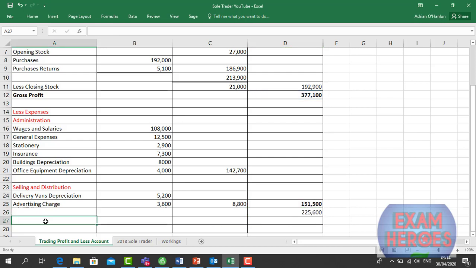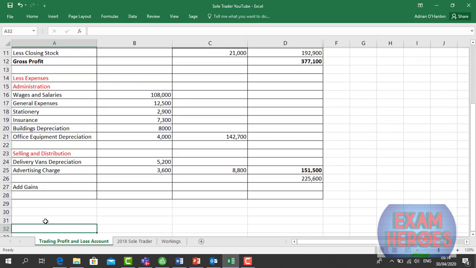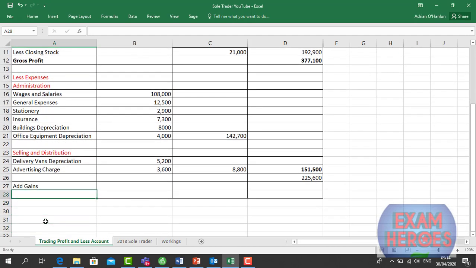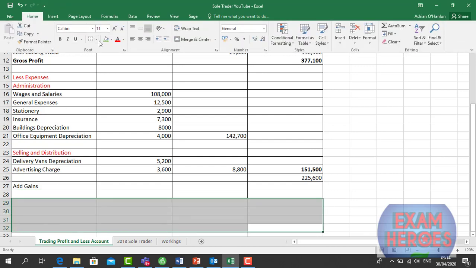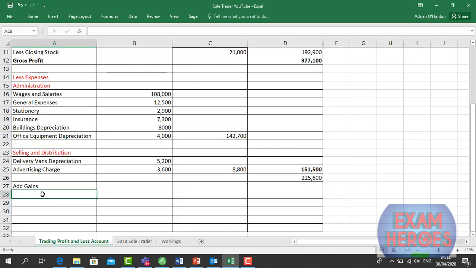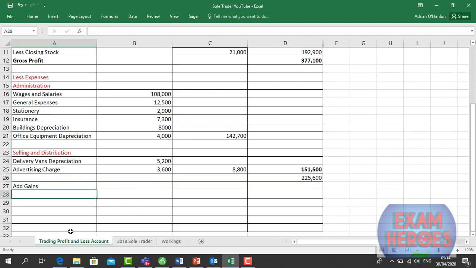So I want to add my gains next. Okay, so just to add my gains, and I'll just do a small bit of formatting here. Okay, so the gains we had were a decrease in bad debts. This is seen as money in.